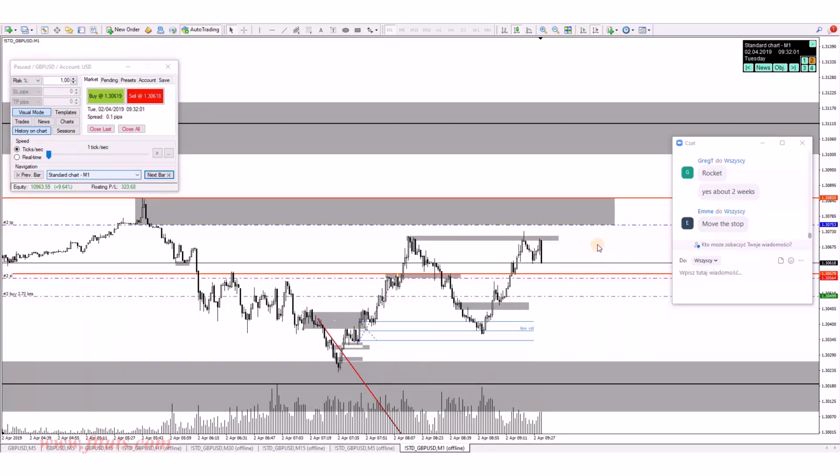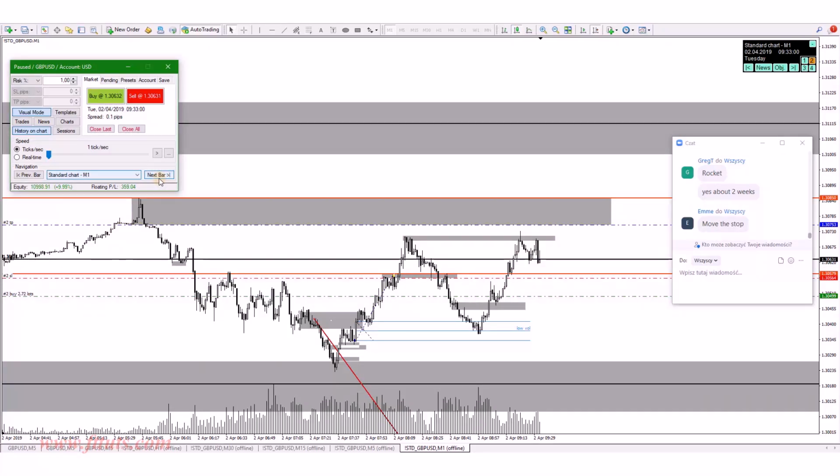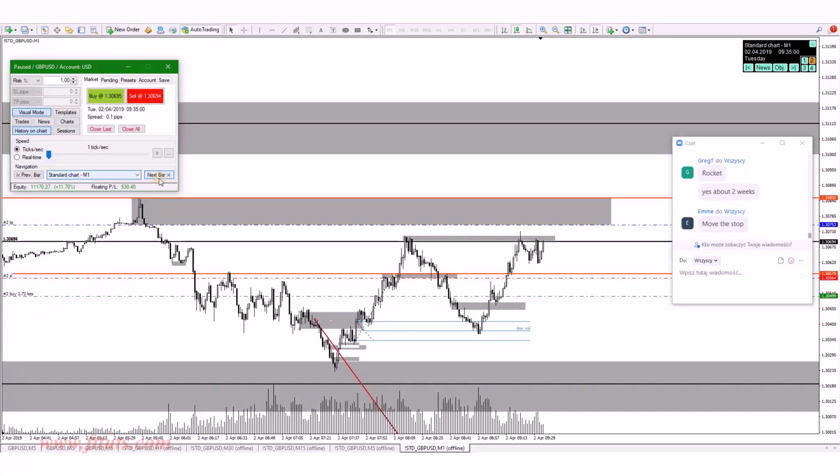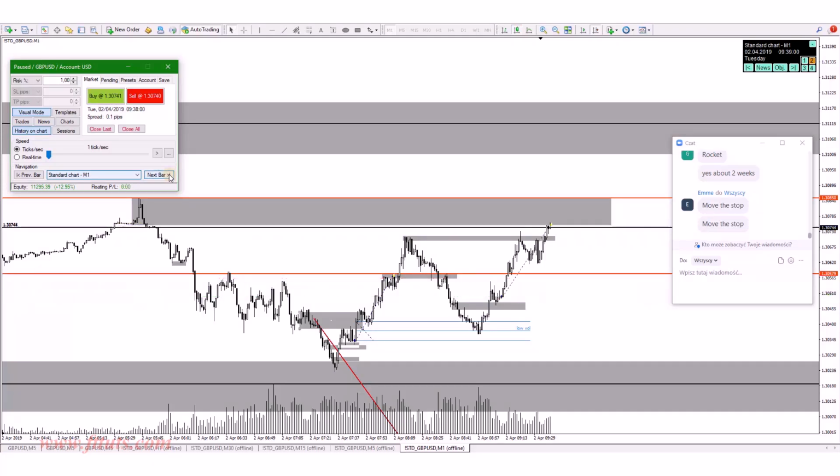Yes, such a strong resistance. Oh yes, looks good, guys. Very good. Oh no. Yes, very good. We are 13% up.